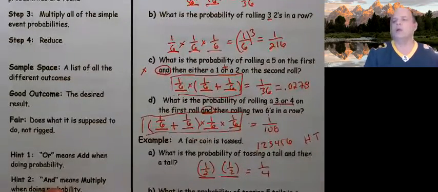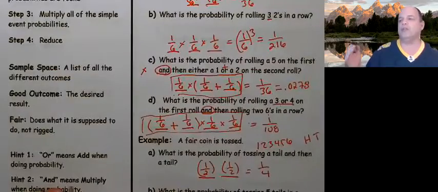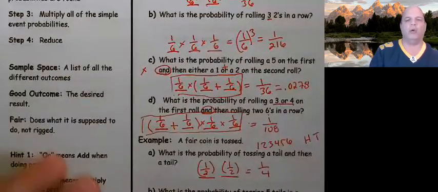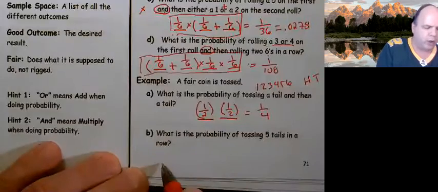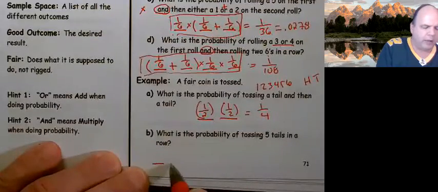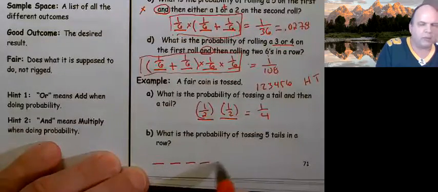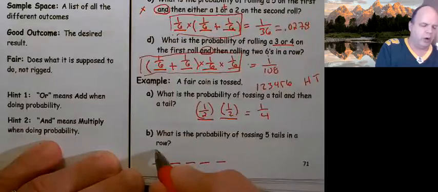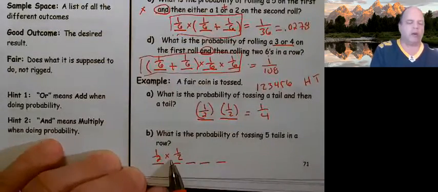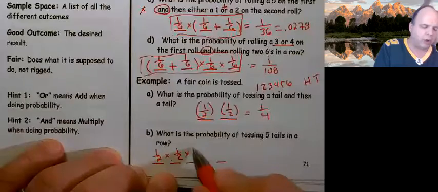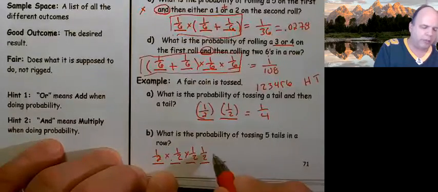All right. What's the probability of tossing 5 tails in a row? That means I need 5 blanks. And I start going 1/2 times 1/2. And by the time I get to the second one, I usually get pretty smart and go, you know what? I probably don't have to write all of these 1/2s.